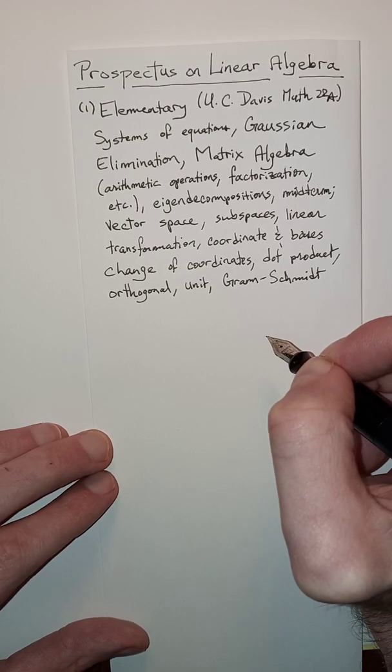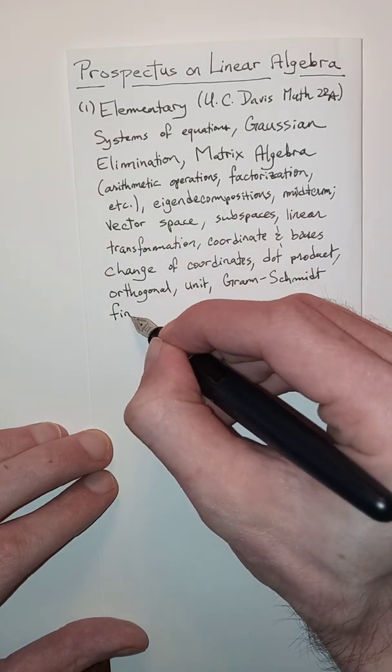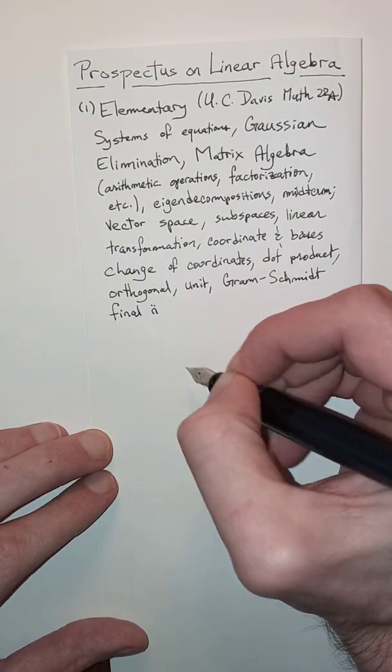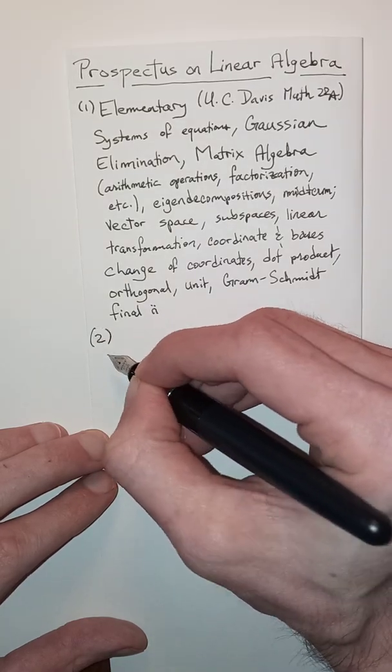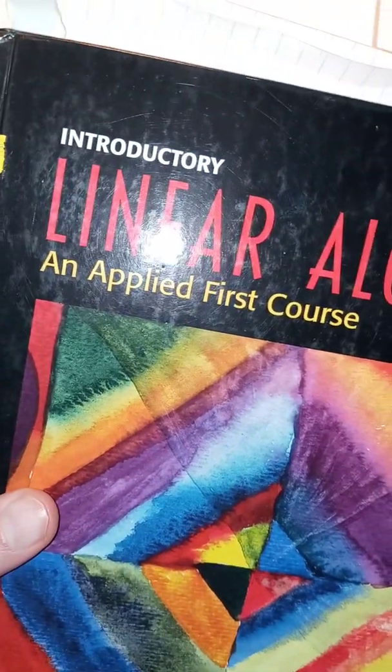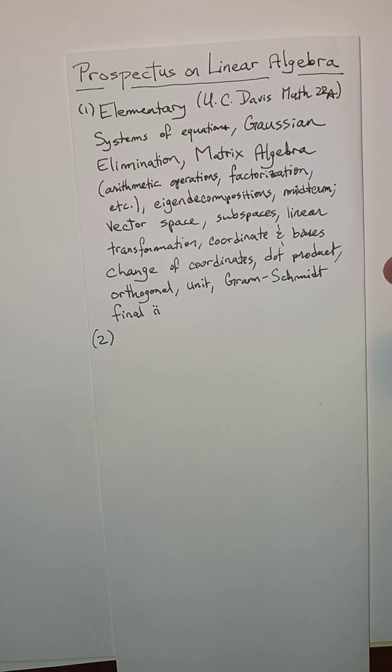And then there's the final. And then it's over. So people are sad. For reference, the book we used was Introductory Linear Algebra by Coleman and Hill. So it was thoroughly mediocre, but it had a lot of exercises, which is good.